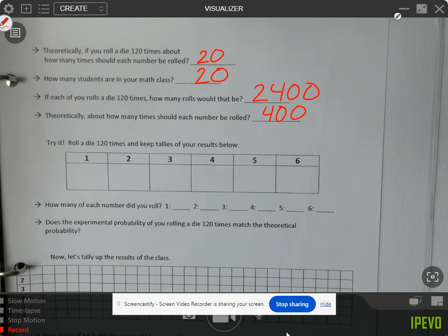Yeah. So it's just increased by our 2 people. So we're changing those numbers, 20 people in class. So that's 2,400 rolls and 400 for each number. So we're going to use those numbers as we go on.